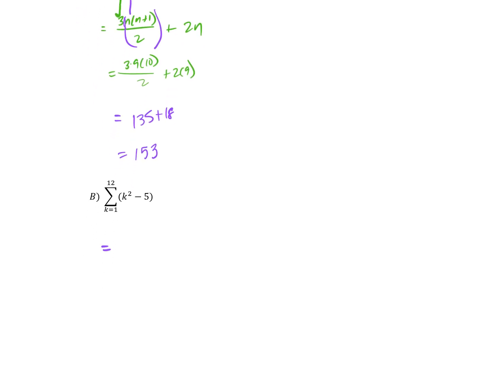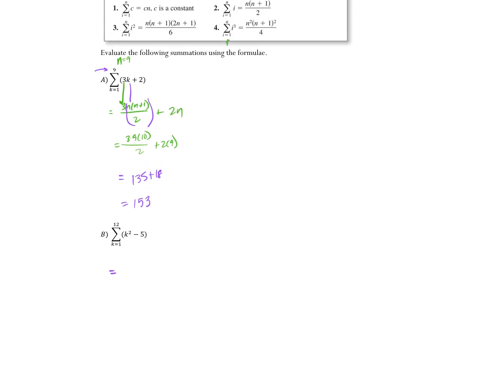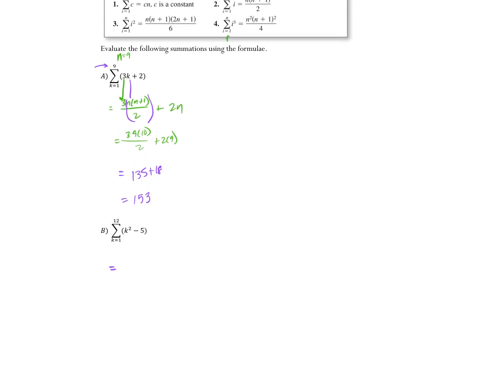So for this one, what would k squared become? N squared times n plus 1 squared over 4. No, wait, the other one. n times n plus 1 times 2n plus 1 over 6, minus, what's going to happen to that 5? 5n. What's n? In this case, it'd be 12.